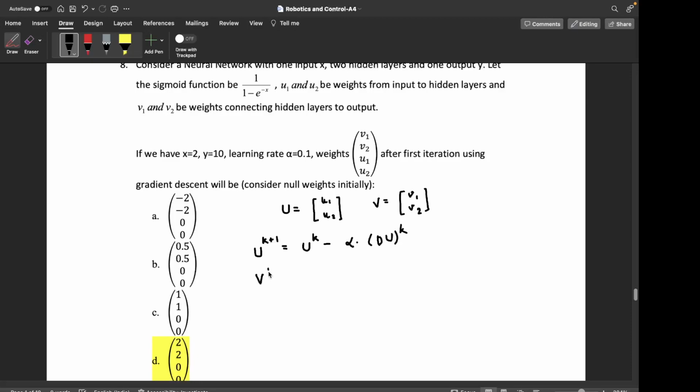And similarly for v, it will be vk minus alpha times dvk, right?